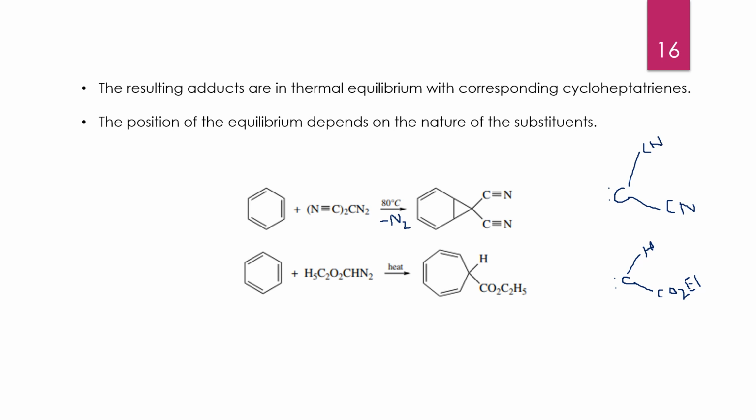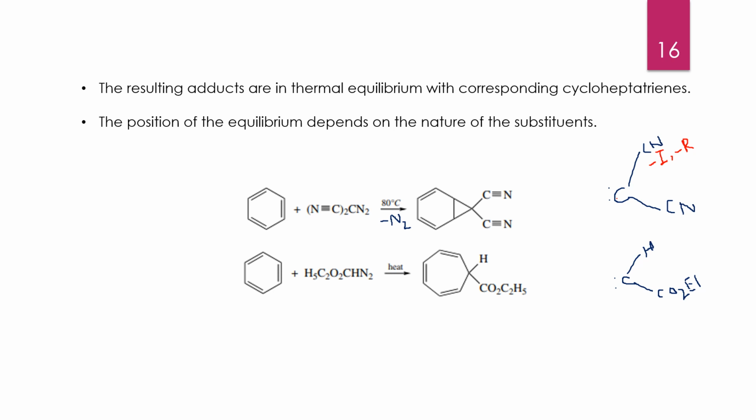These are two electron withdrawing groups. It has minus I and minus R, the resonance effect. So this one is highly electron deficient. It will react and give us this compound, which will be stable because of this.